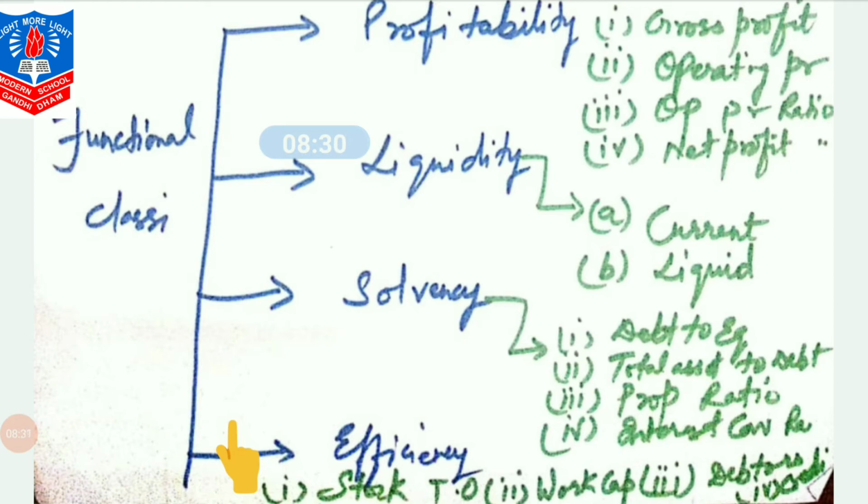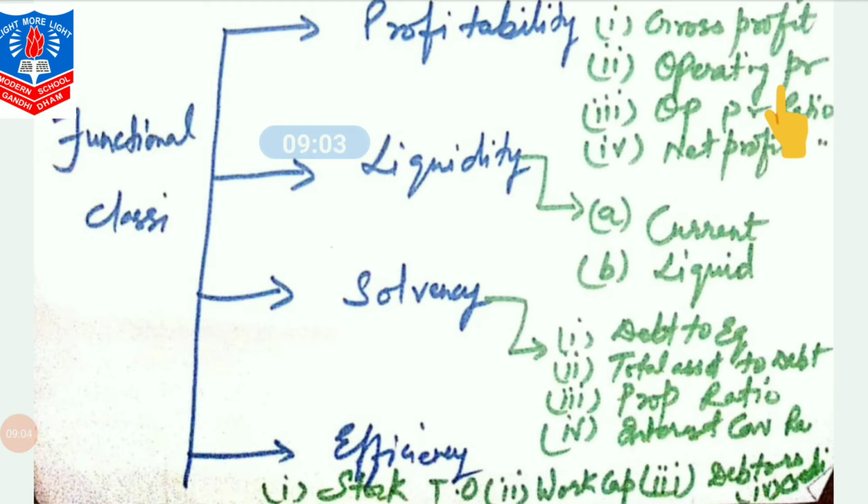Now in the current year, due to COVID-19, some reduction has been done. So solvency ratios are completely eliminated. That means debt equity, total assets to debt, proprietary and interest coverage. All 4 are deleted from the practical part. Knowledge of it is required, but practically they will not be asked. Not only this, but from profitability, operating profit ratio and operating ratio are not shown.